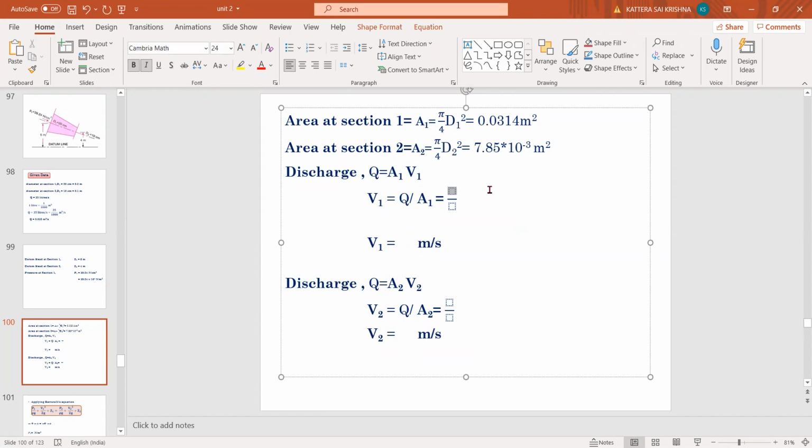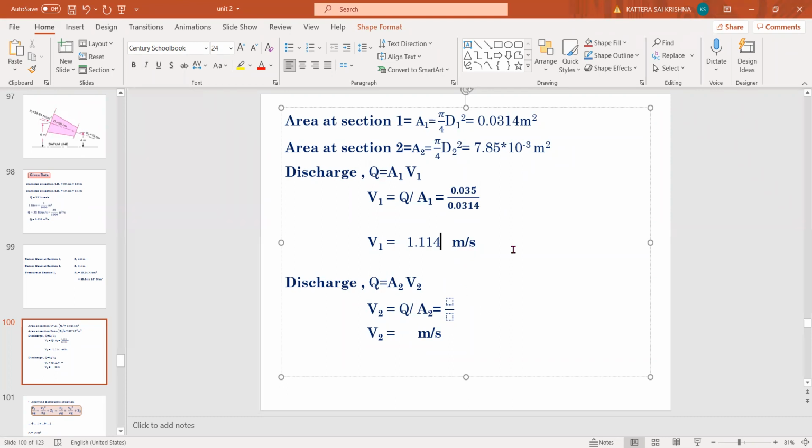Q value 0.035 divided by A1 0.0314, so you'll get the V1 value 1.11 meters per second. Better always use minimum 3 digits after the point.